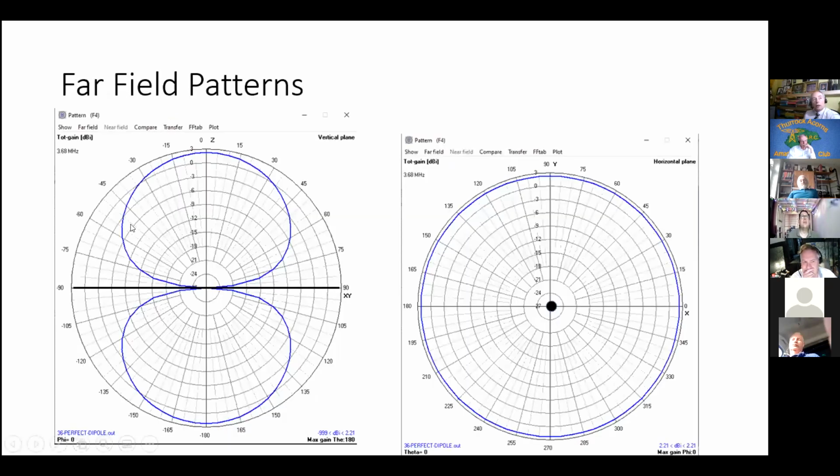And NEC gives us the expected field pattern. So we have two big lobes broadside onto the antenna, and endwise it radiates equally all round, looking into the end of the antenna. And probably we remember this from our AE classes long ago.